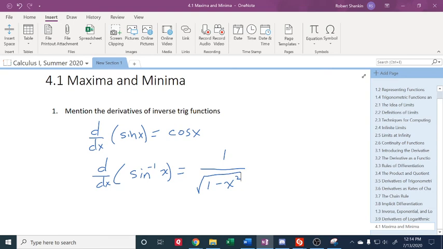And so you can easily just Google that, derivatives of inverse trig functions, or print out, I would suggest, because you have access to the online version of the textbook.